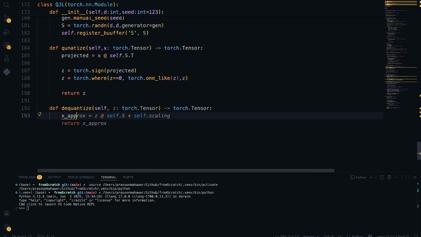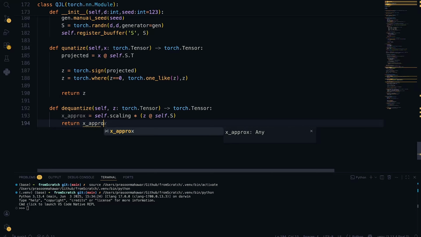So x approx equals self.scaling times the matrix multiplication of z and s, and we return x approx.